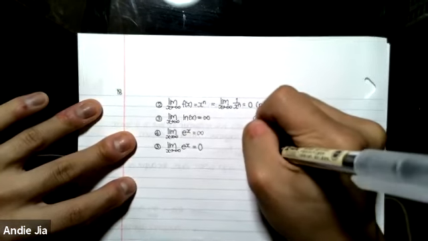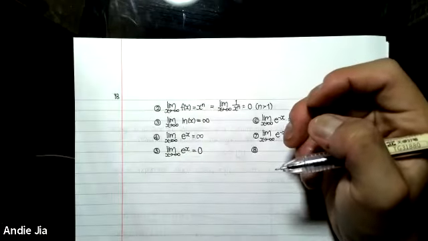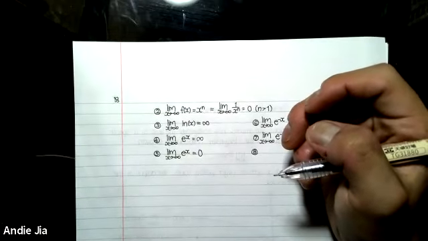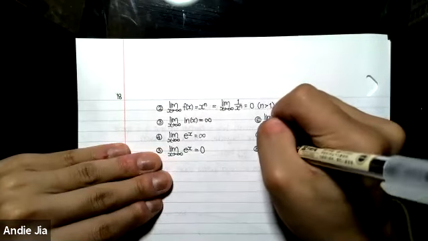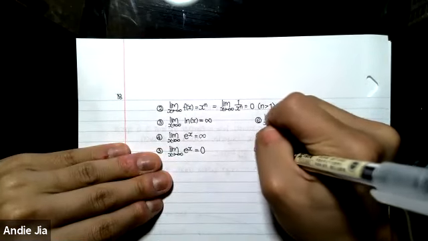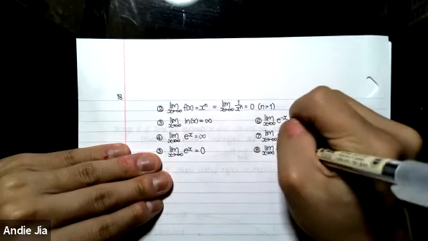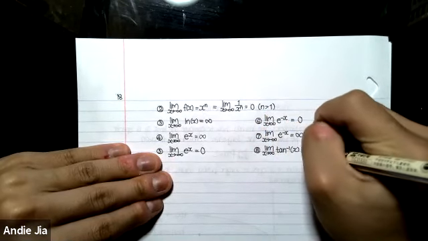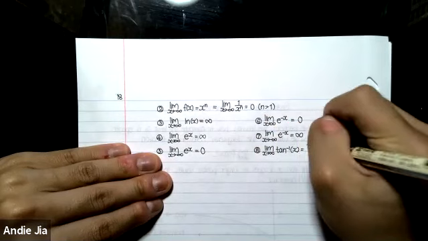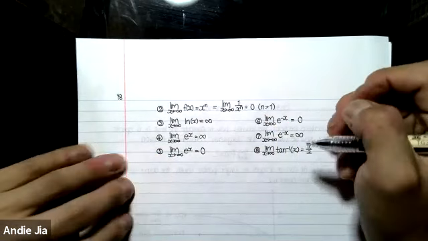And number 8, the limit of arctan, inverse tangent, as x approaches infinity is pi over 2.